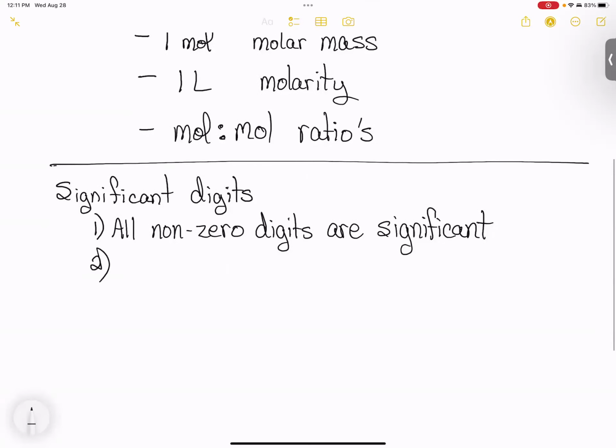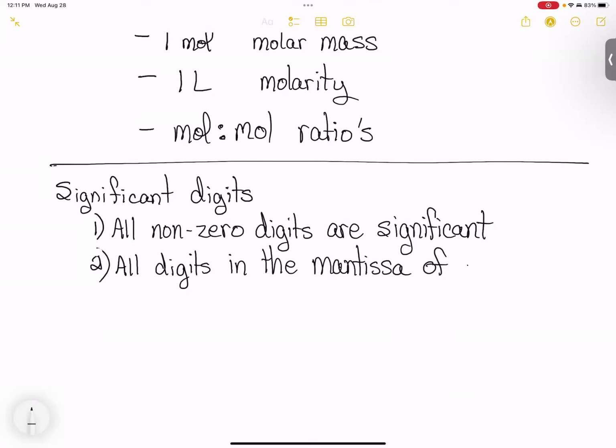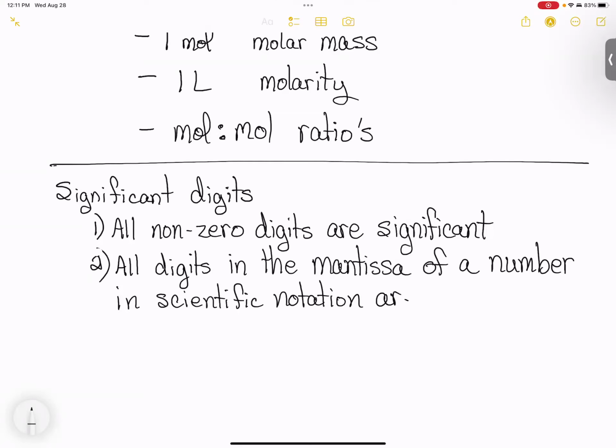Rule 2 is that all digits in the mantissa of a number in scientific notation are significant.